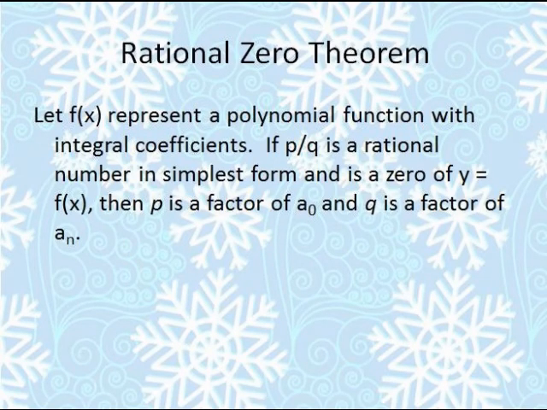Remember, a naught is the constant term at the very end. So the numerator is going to be all the factors of the constant, and the q, which is the denominator, is going to be all the factors of the leading coefficient.